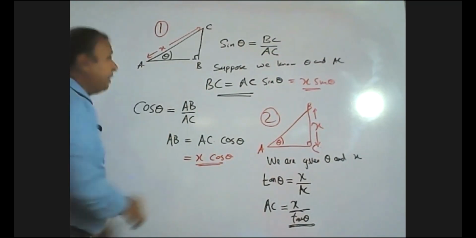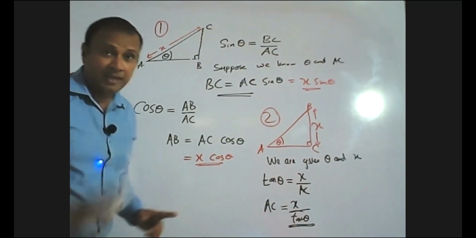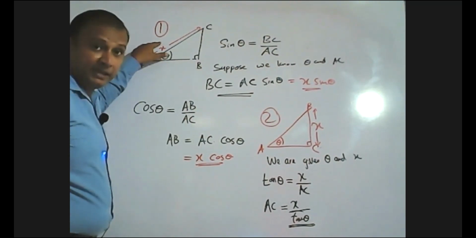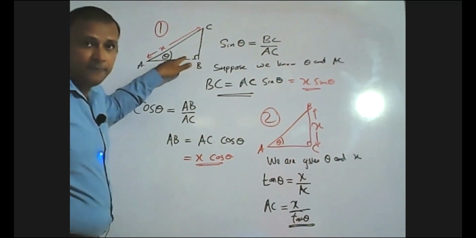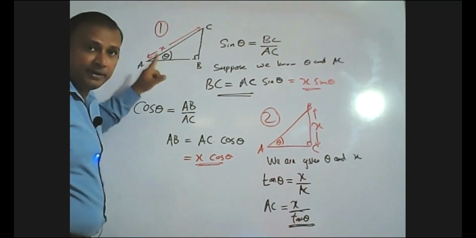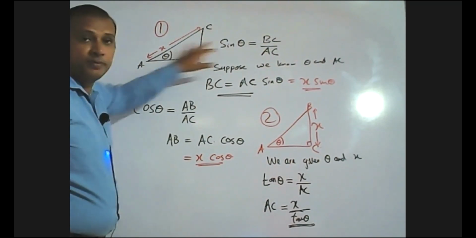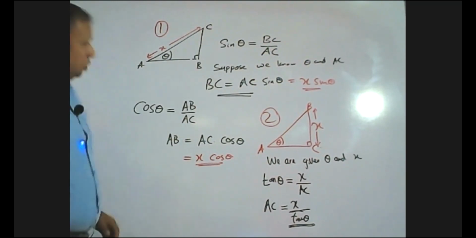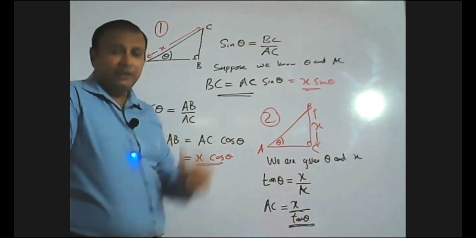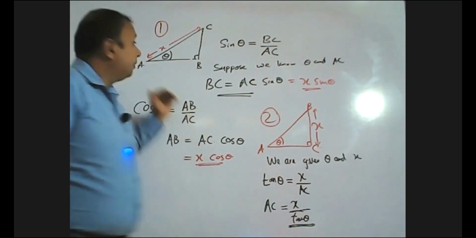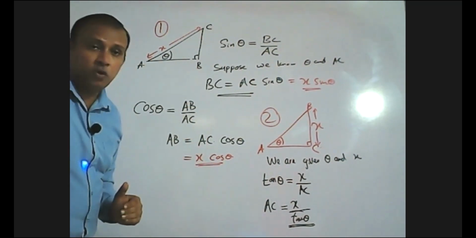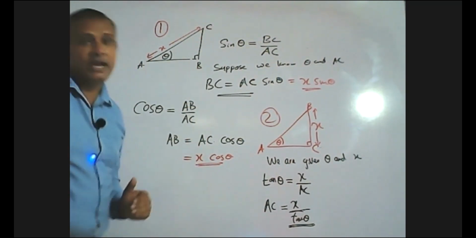In this right angle triangle, we know two things. What are those? Hypotenuse and an angle. We don't know the other two sides. So we can use the relationships of trigonometric ratios to find the other two sides.